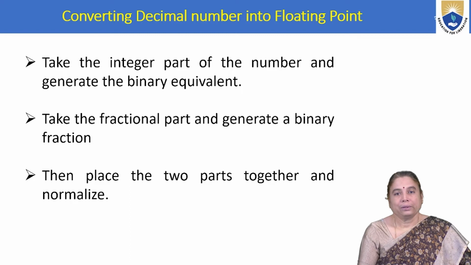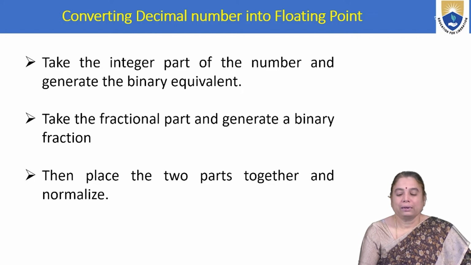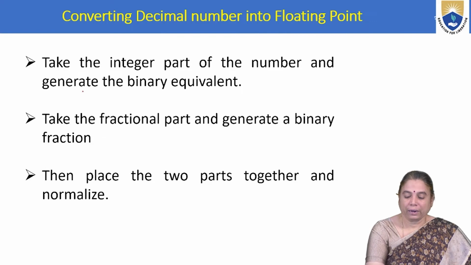Now we have to describe how to convert a decimal number into a floating point number. This process involves three steps. One is to take the integer part of the number and generate the binary equivalent.